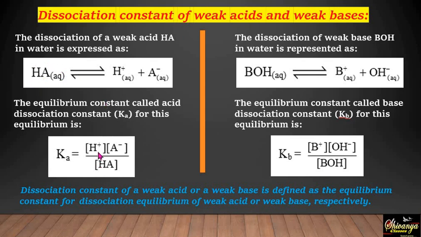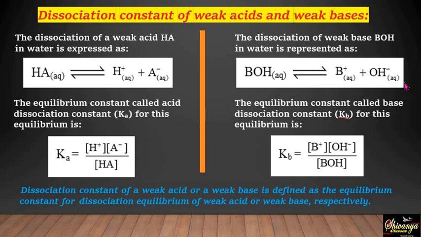So Ka equals concentration of H plus times concentration of A minus, divided by concentration of HA, which is the formula for the dissociation constant of an acid. In the same way for the base, Kb is the dissociation constant.